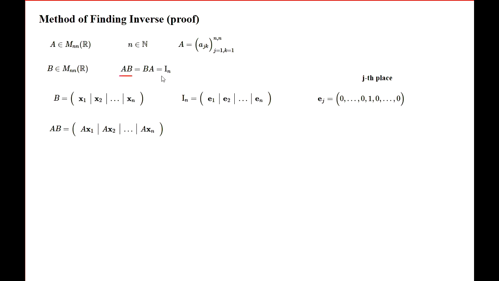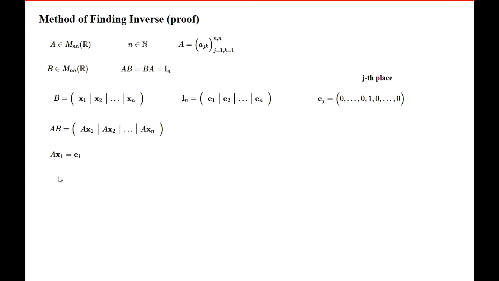We just take the left-hand side, we take the right-hand side, and we split this into individual relations, right? If I aim to achieve that this AB equals identity, in the column sense, it means I aim to achieve that the first column equals the first column. Second column equals the second column, and so on. And that's exactly what I said here. That's what I aim to achieve.